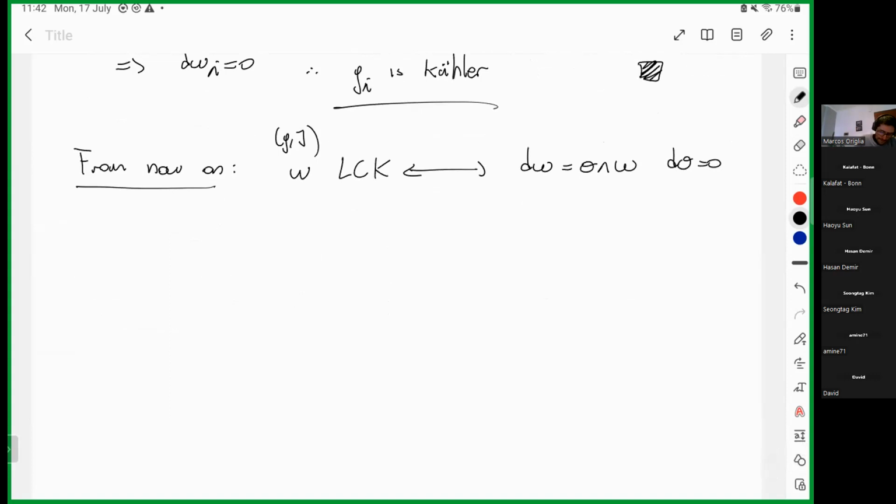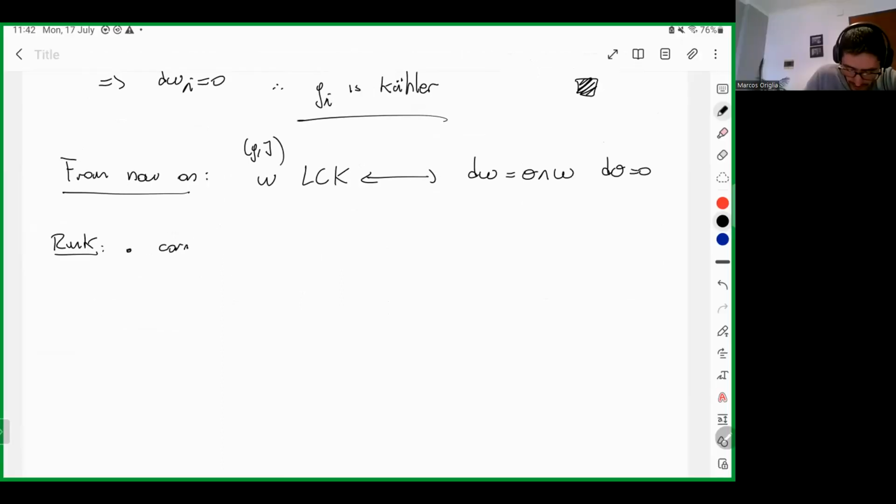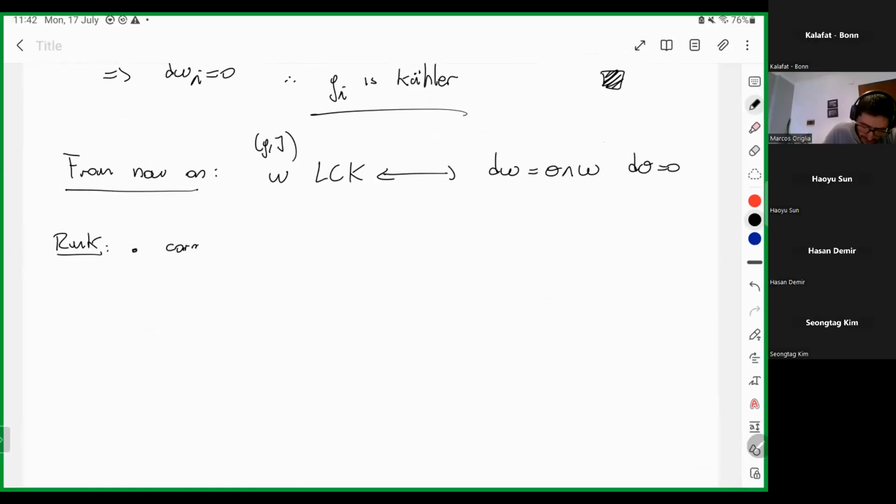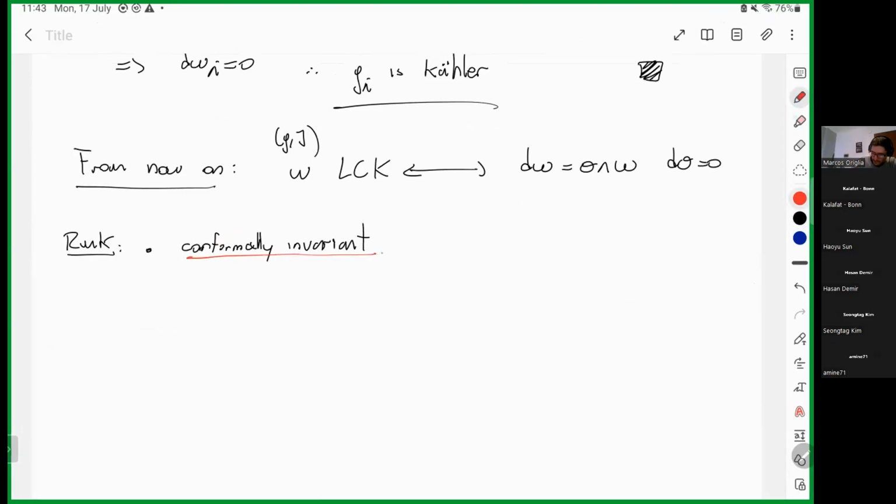Okay, let me comment on some facts about these locally conformally Kähler metrics. Remark: the first thing I want to say is that this condition is conformally invariant. What this means is that if you start with some ω0, which is LCK, and you define a new one, ω1, just as the original one by multiplying by some factor, exponential, let's say, of minus f.